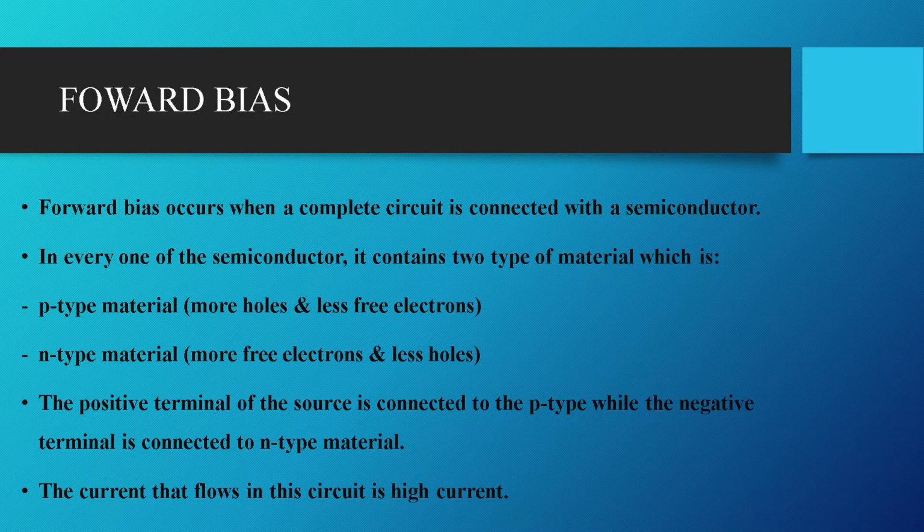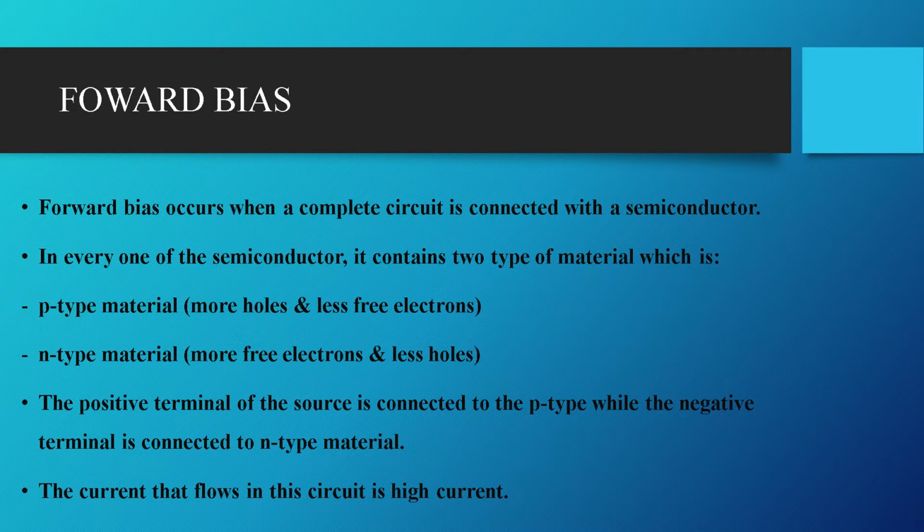Okay, first I will explain about forward bias. Forward bias occurs when the complete circuit is connected with a semiconductor. In a semiconductor, it will contain two types of material, which is p-type material and n-type material.